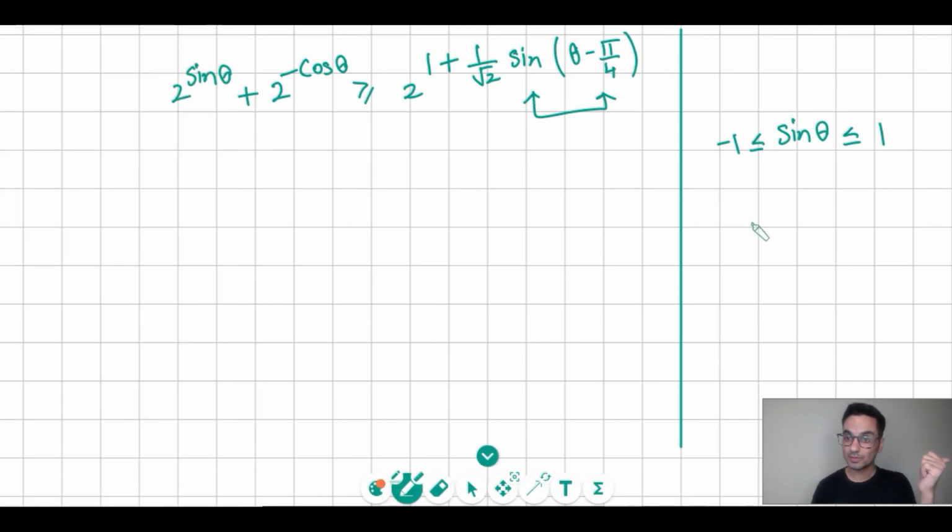Okay, that means I can say that sine theta minus pi over 4 should be equal to negative 1.